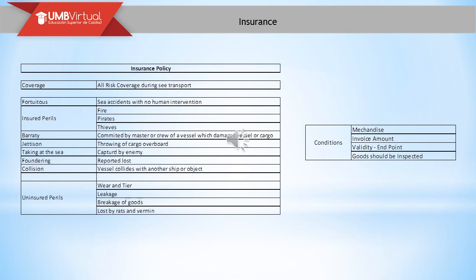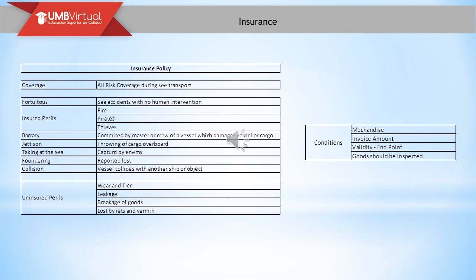Another one is insured perils. They are important as well because they can happen because of fire, because of an attack by pirates, or because of thieves. Somebody can steal the cargo. You have to make sure this is covered by the policy.